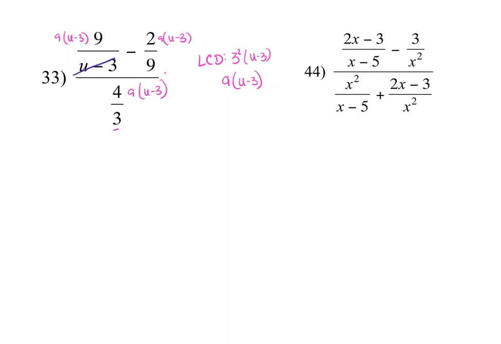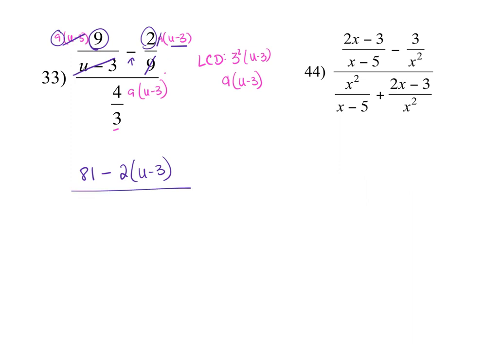The whole u minus 3 cancels here, and I have just 9 times 9. 9 times 9 is 81. That took care of that first piece. Then I'm going to put this minus. Here I have 9 and 9 cancel, so I'm left with the 2 and the u minus 3. That takes care of that one. My numerator is done as far as canceling goes.